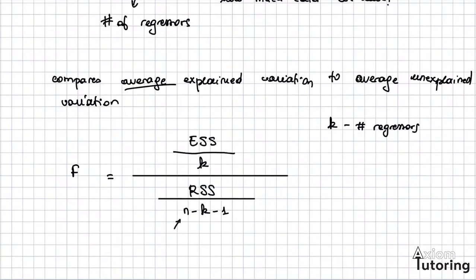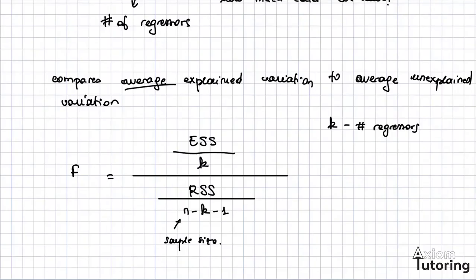N, as usual, is the total number of observations that we have in our sample, so it's literally your sample size. So in a sense, this ratio is explained variation per regressor divided by unexplained variation per degree of freedom.